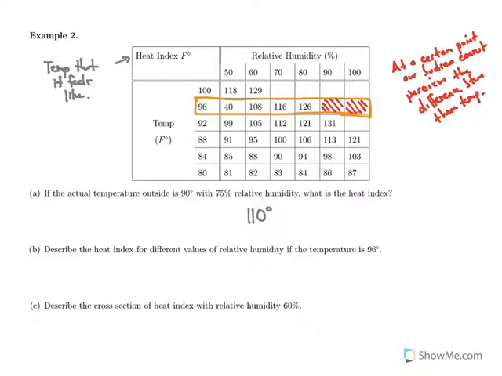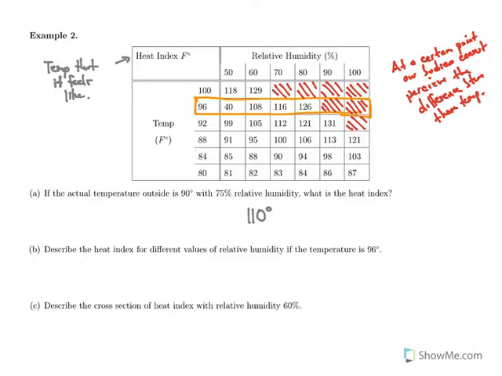Or maybe what this really is, another way of thinking about it, is all of these blank squares are just extremely dangerous levels of heat index. And maybe if you think about in Rhode Island, having a heat index of 100 is a very, very, very hot day. And we're talking about heat indices of over 130, which would be almost unheard of and very, very dangerous. So we're not going to consider those values.